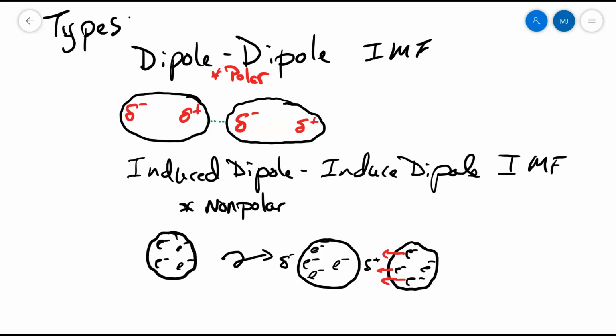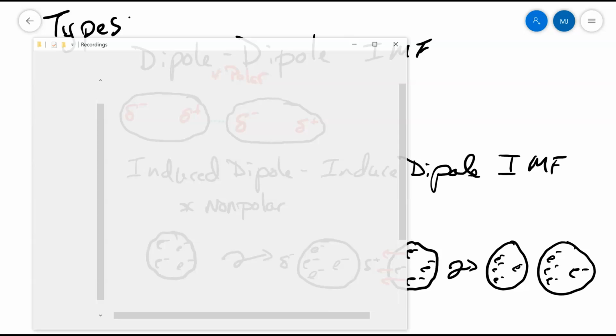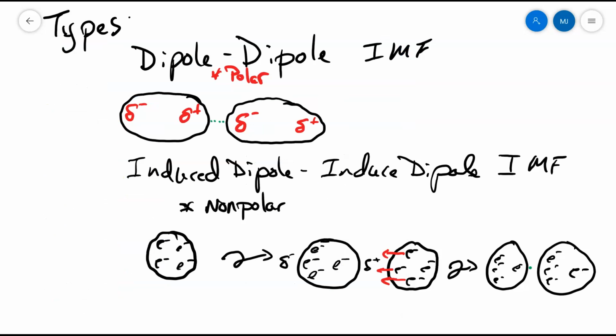That would pull its electrons over, and very temporarily we would set up a weak attraction because the positive and the partially negative on those respective molecules would set up an attractive force.